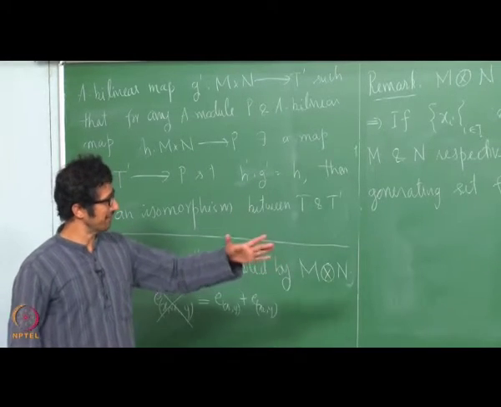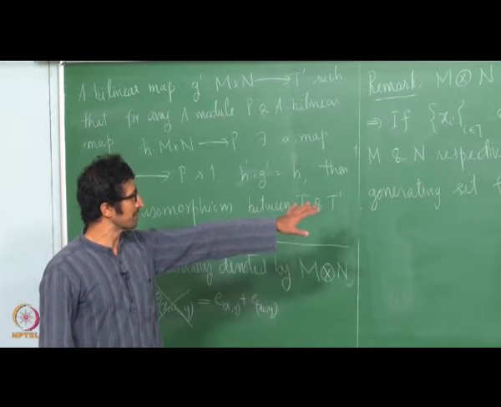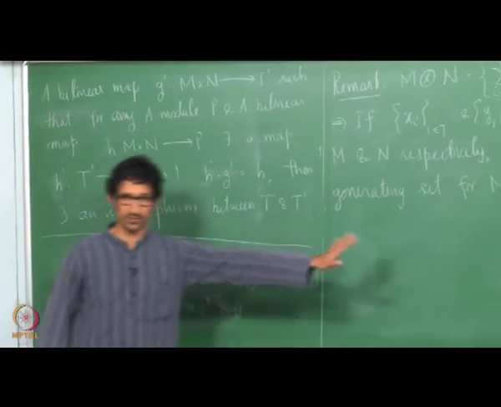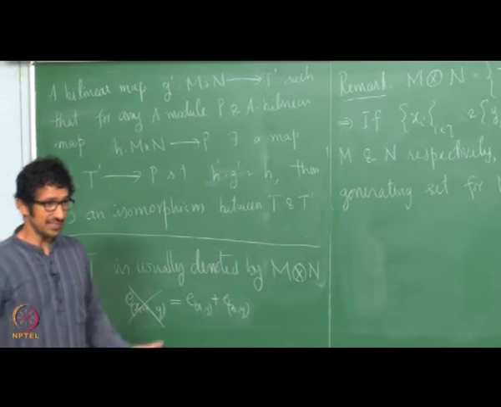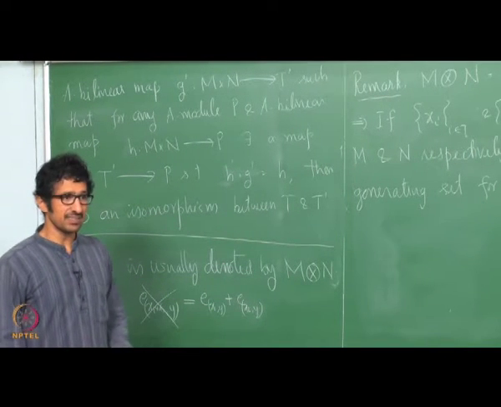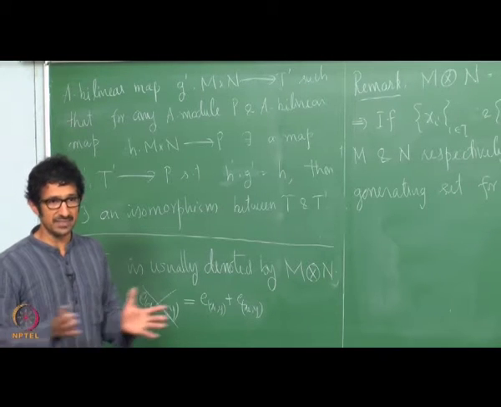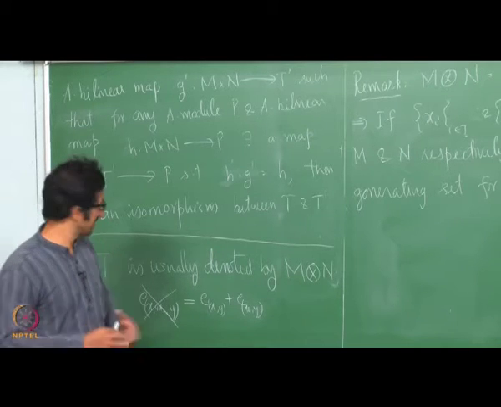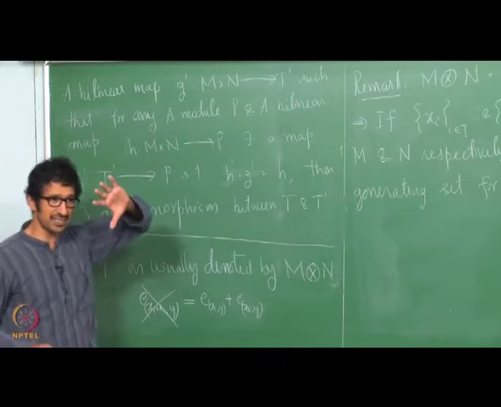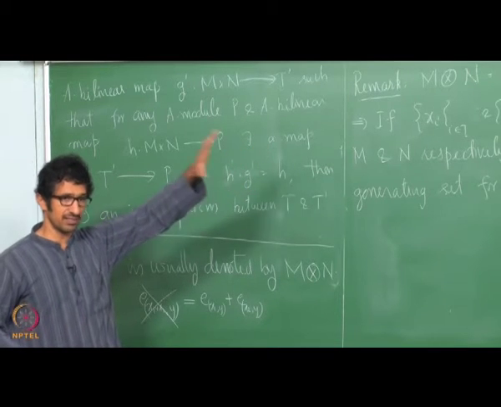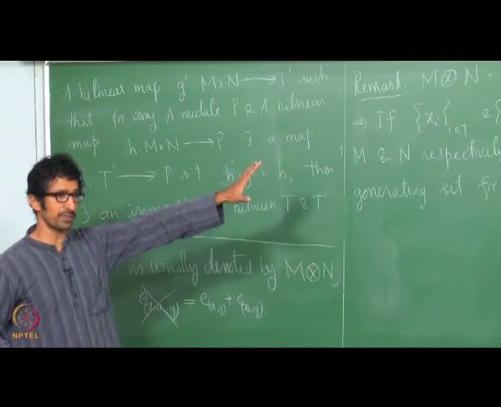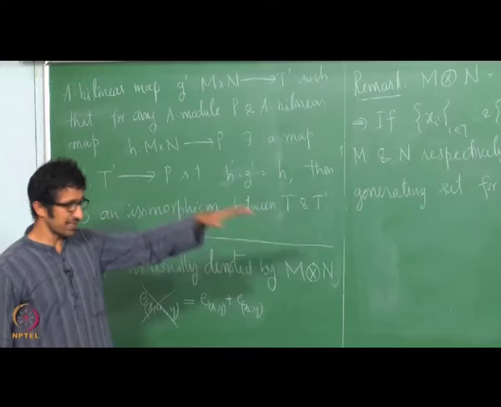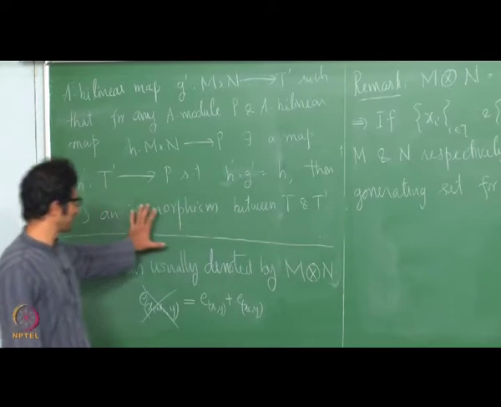Let me just note some properties, then I will take one or two examples. We will see that this M tensor N has a slightly different meaning than just F. In F we are just taking a free product of as many copies of M cross N, but when we take modulo relations it becomes very different.